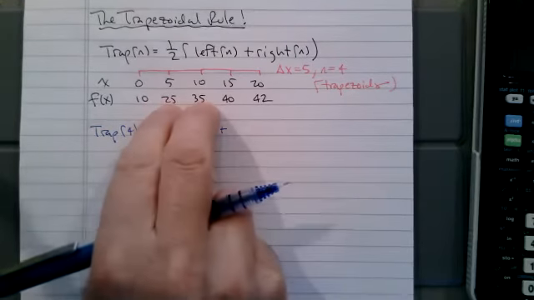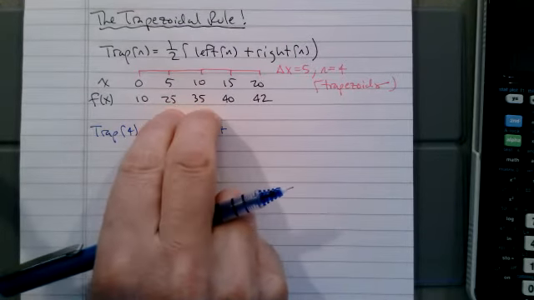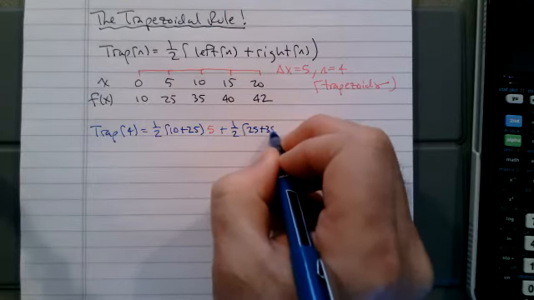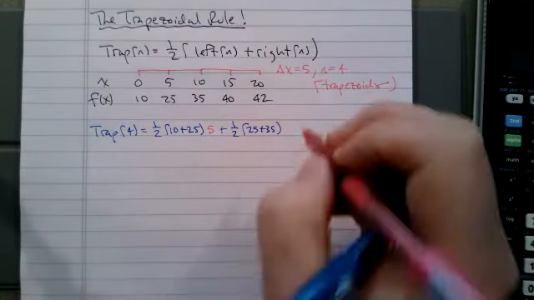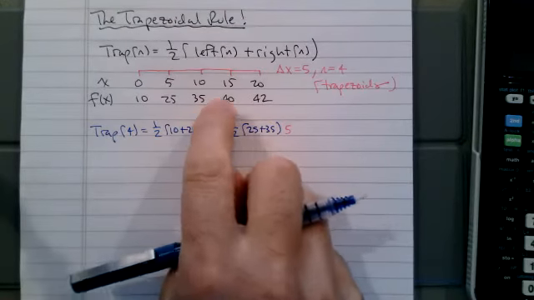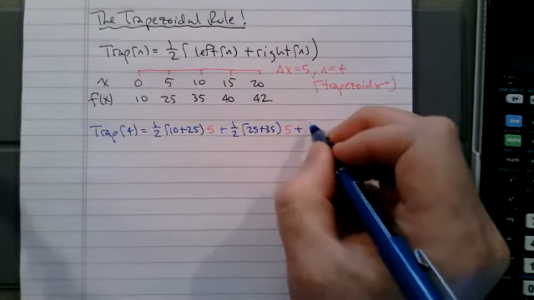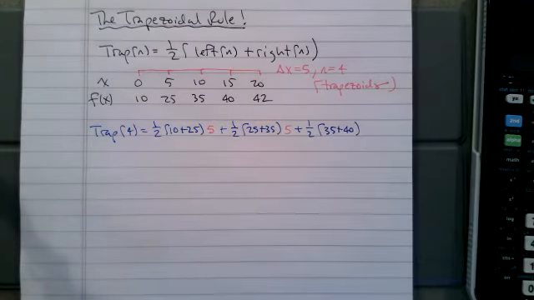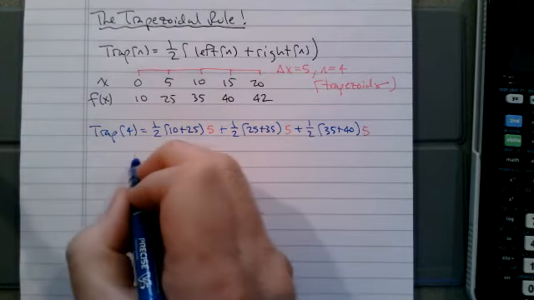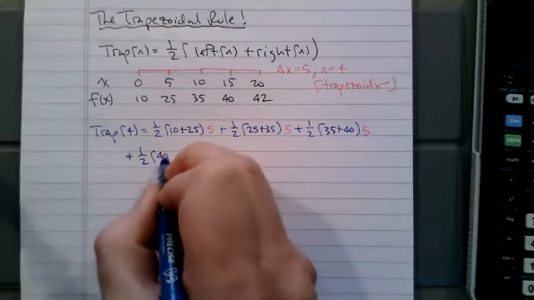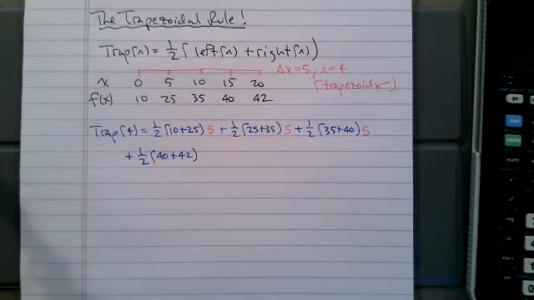The next trapezoid will be the average of 25 and 35 times the height, 5. The third trapezoid will be the average of 35 and 40 times the height. And the fourth trapezoid will be the average of 40 and 42 times the height.